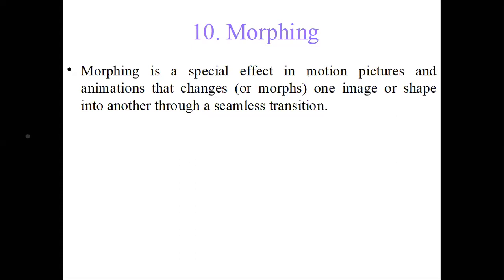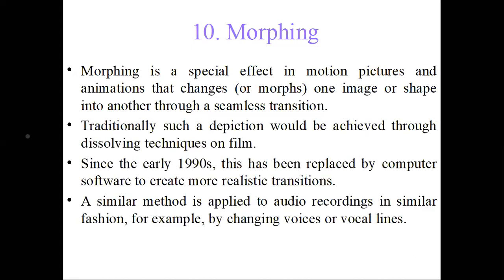Very smoothly it transitions from one image to another image. That is called morphing. And traditionally, such a depiction would be achieved through dissolving techniques on film. Since the early 1990s, this has been replaced by computer software to create more realistic transitions.